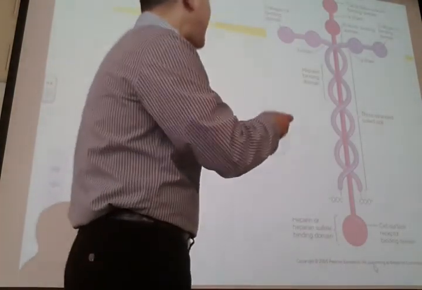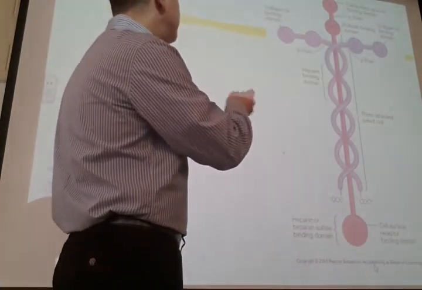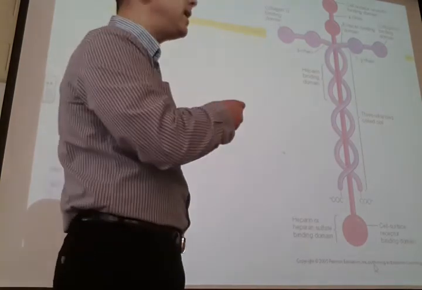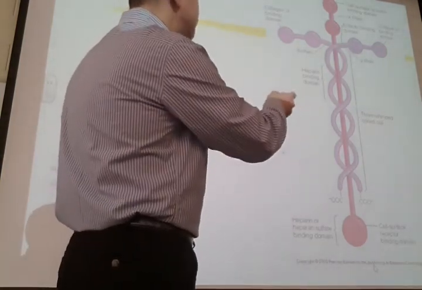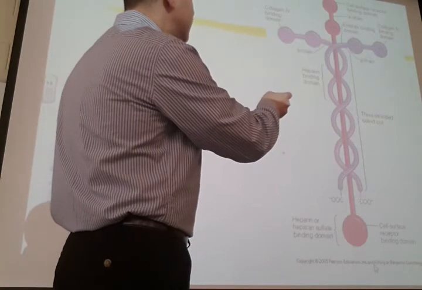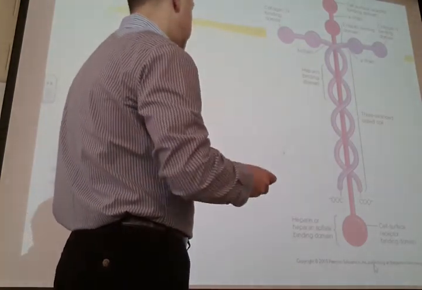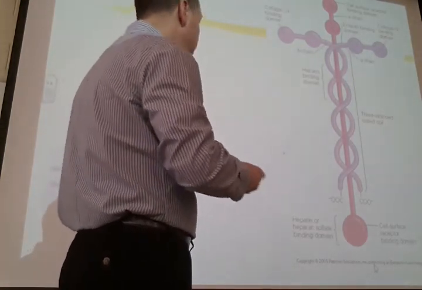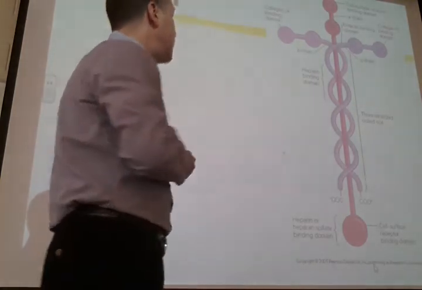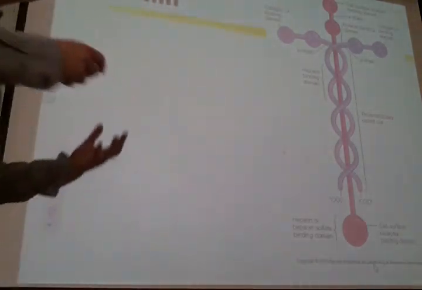But, again, they have binding sites for other things. So here's a collagen binding site. It can bind to cell proteins in the cell membrane of the cell. What else? Again, heparin binding sites. So these are good cross-linkers of other pieces of this extracellular matrix.